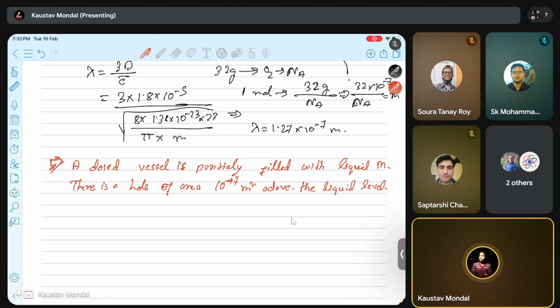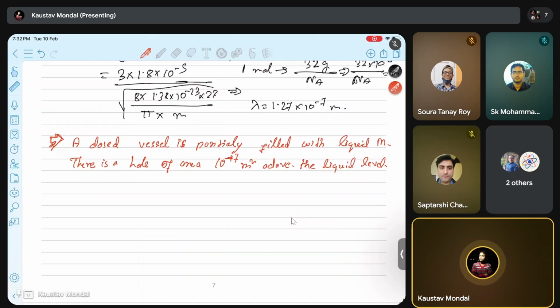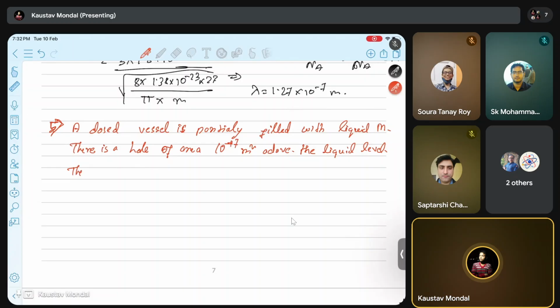The vessel is placed in a region of high vacuum at 273 Kelvin.